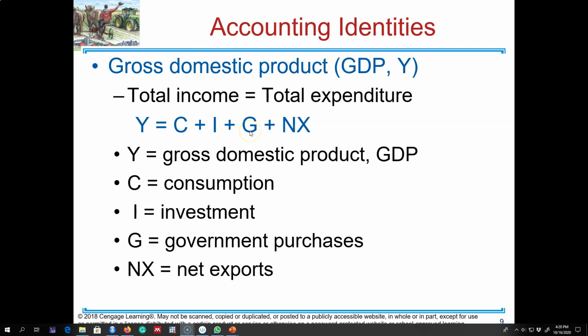And then governments are also making purchases in the country, so that is also considered a part of total income. And then we have net exports, which means foreigners are buying our goods, and these are our exports. Similarly, we in the US are importing many goods from other countries. We are consuming those imported goods, and those two components are merged here in the net exports component.